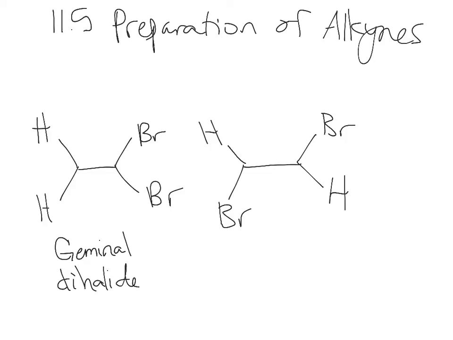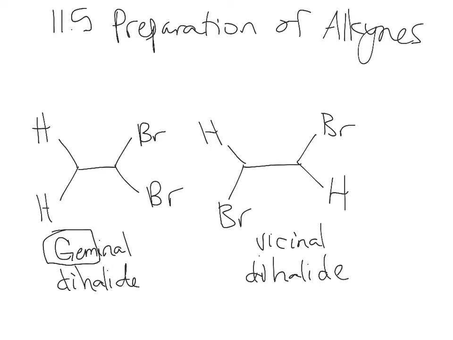And this one over here is called a vicinal dihalide. Sometimes you'll hear the geminal one referred to as a gem dihalide, and it just means that both halogens are on the same carbon.